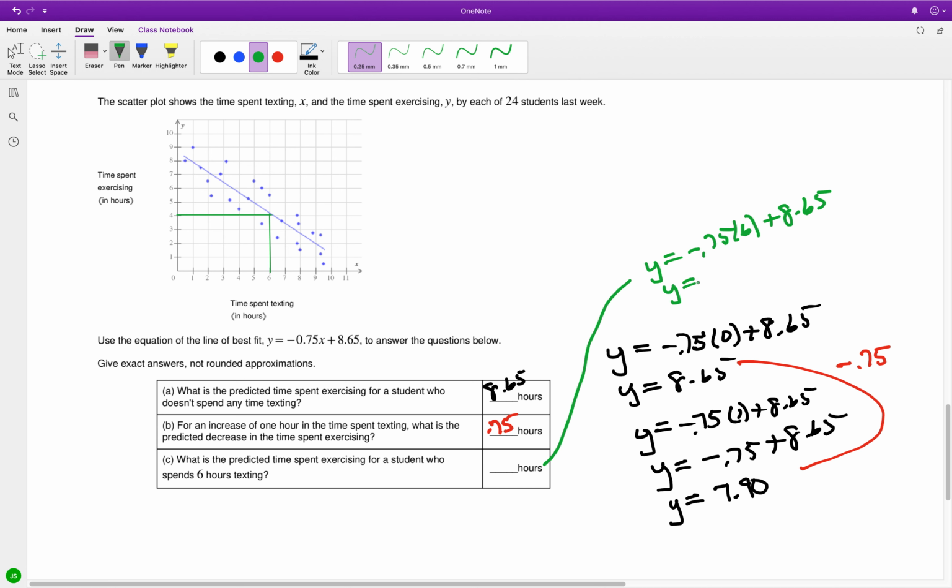That gives minus 4.5 plus 8.65, so you have just over 4 hours, about 4.15 hours. You can also use the graph, so around 4 hours would be okay.